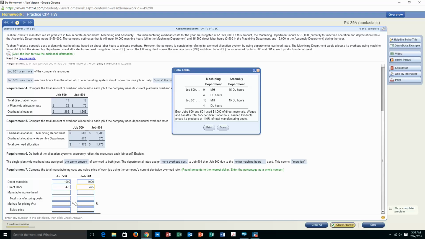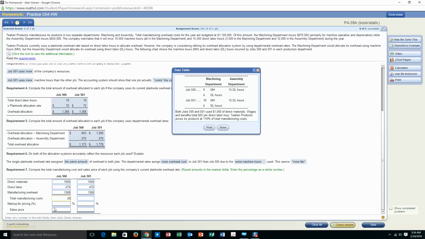And then we carry down our overhead that we calculated in step 4. This is for the plant-wide rate, so they had the same amount. Adding our 3 manufacturing costs, oops, 2,843.